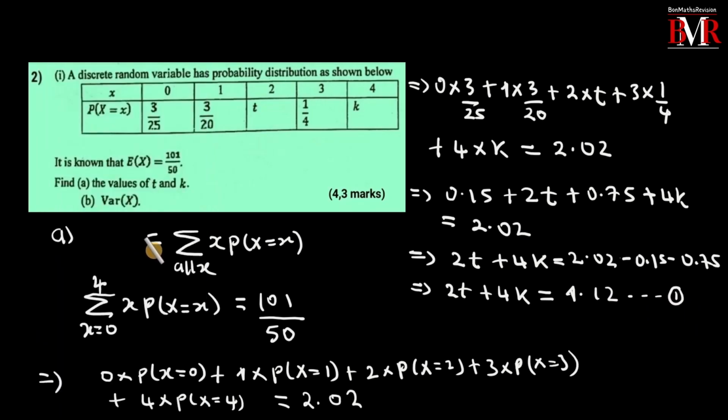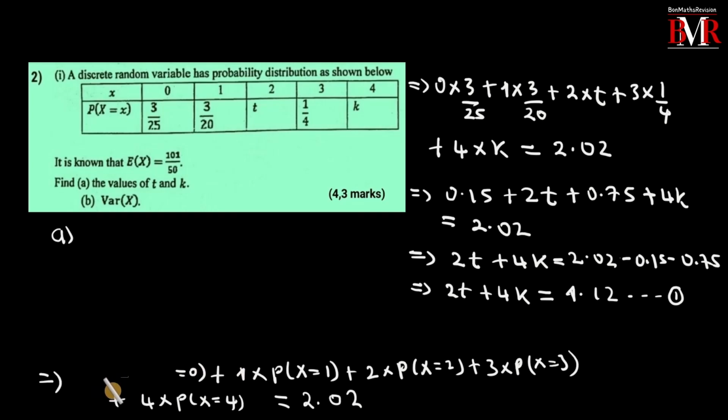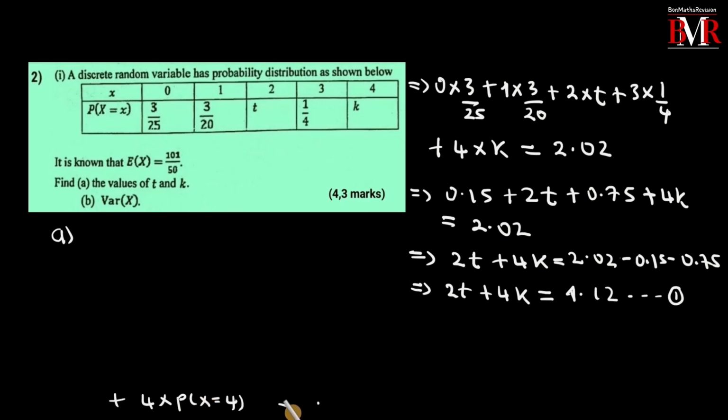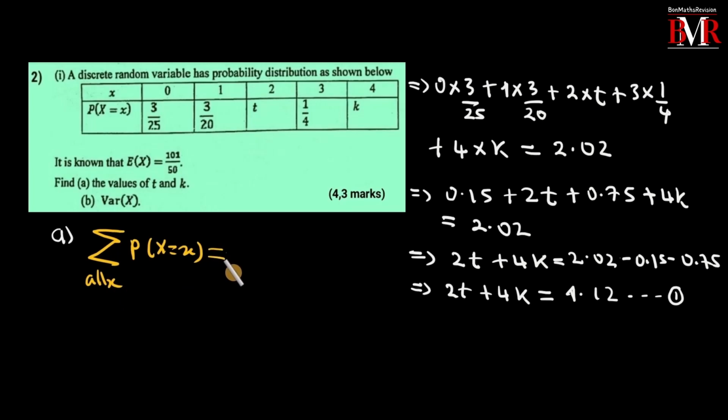You know that for a random variable X to be a discrete random variable, it means that the summation of the probability of X for all values of X must be equal to 1. And here the values of X are from 0 to 4. That means the summation from X equals 0 to 4 of the probability of X must be equal to 1.